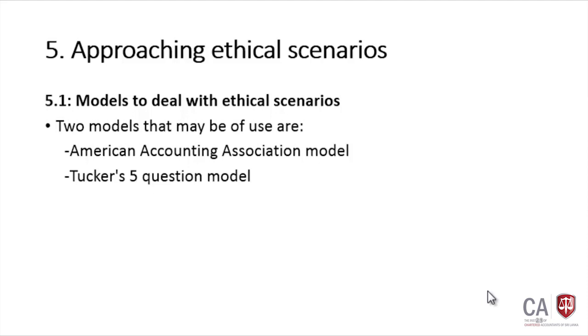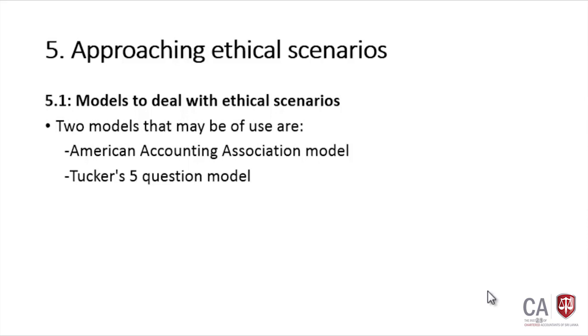Then topic number 5, approaching ethical scenarios. This was newly added to the CA syllabus, but if you look at the ACCA syllabus, you can see the same thing. So we have also incorporated that one, approach to ethical scenarios, right. So here we are trying to use some models to deal with different ethical scenarios.